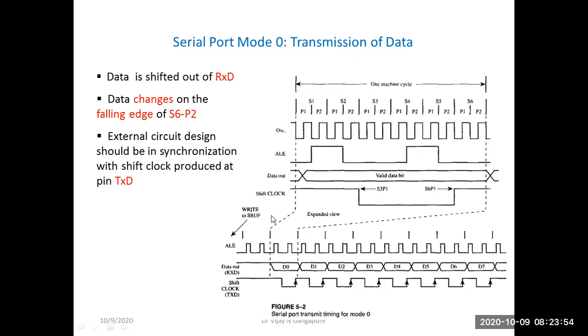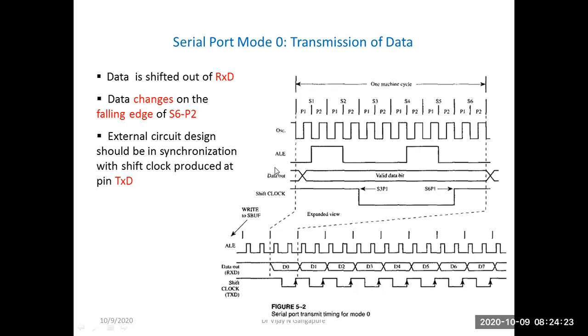Whatever data bits we want to transmit, these 8 bits we will load into SBUF. When we load these 8 bits into SBUF, these 8 bits will be shifted sequentially on the RxD pin at the rate of oscillator frequency divided by 12, meaning in one machine cycle one bit will get shifted on the RxD pin.